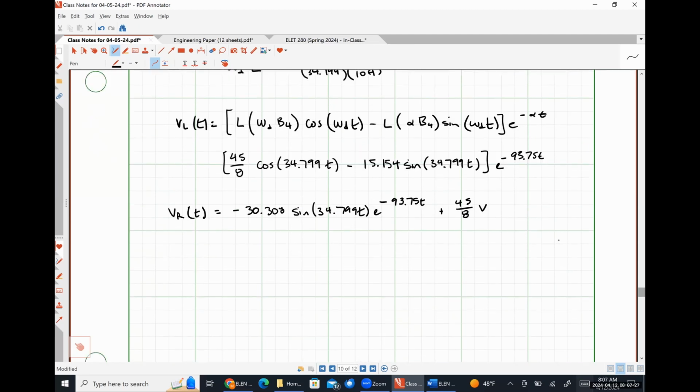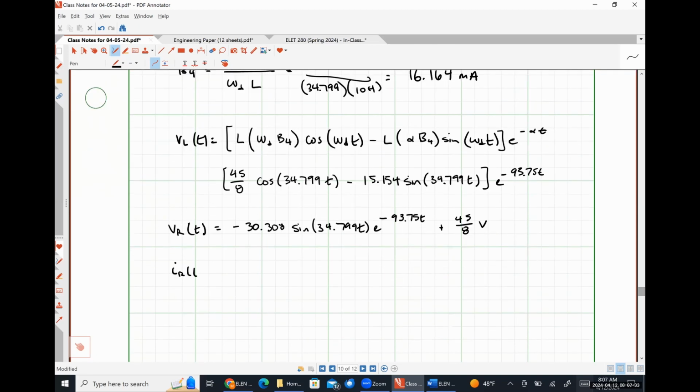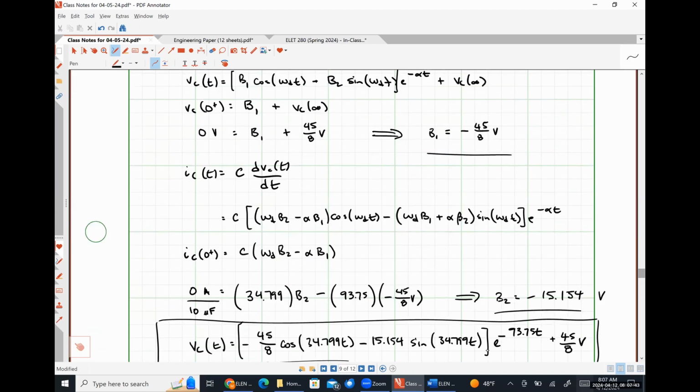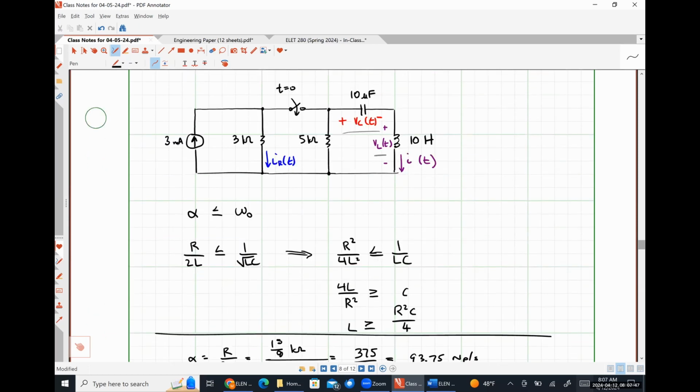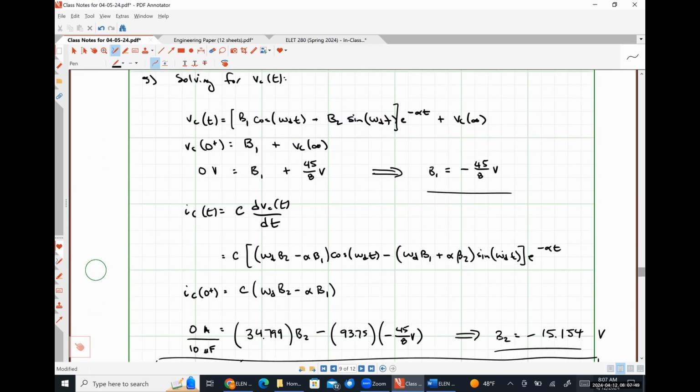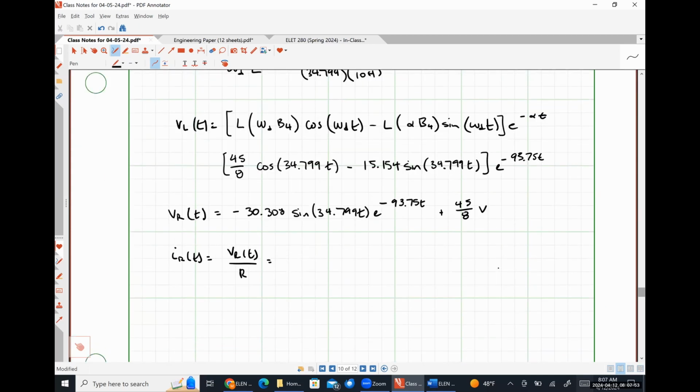And we divide this by our resistor value. Let me scroll up really quickly and see what resistor we were looking at. I think it's the 3 kilo ohm. Yes. So divide by 3,000.